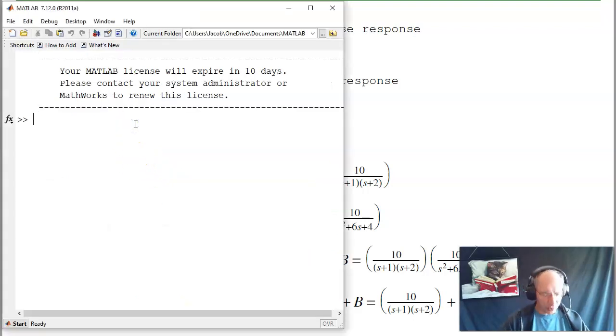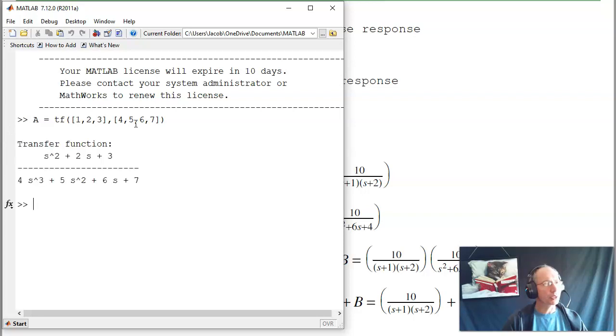And to illustrate that, for example, suppose I have the system A is transfer function of 1, 2, 3, denominator 4, 5, 6, 7. Okay, there's your system. Want to find the step response.